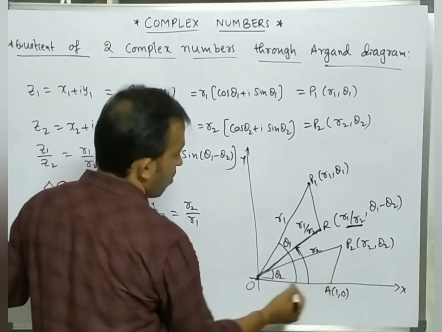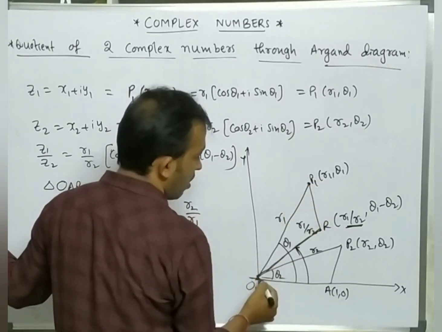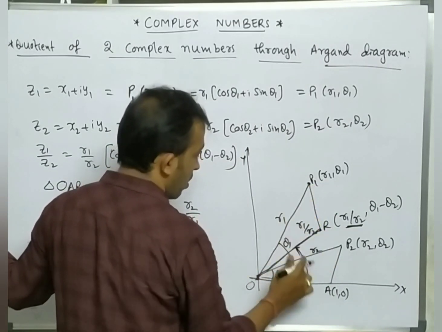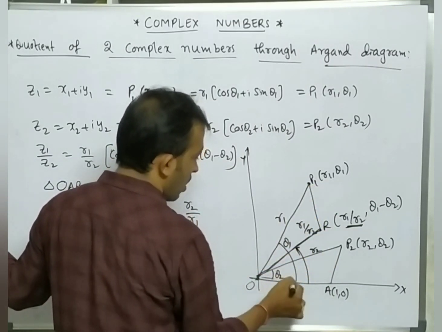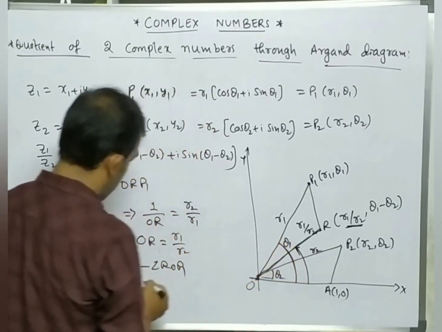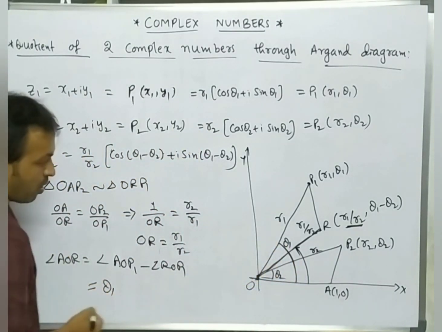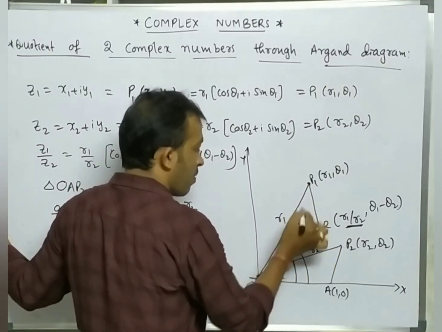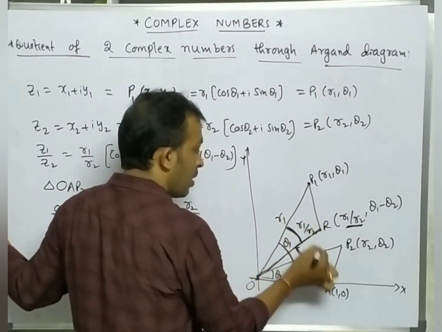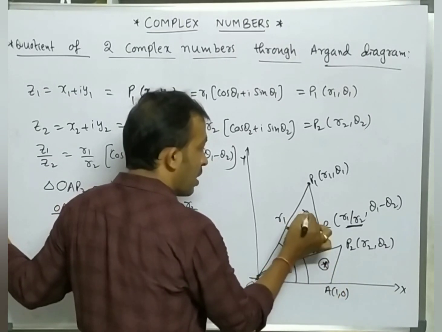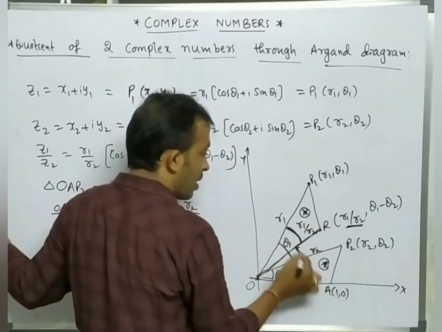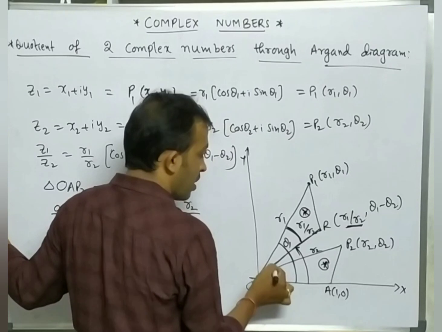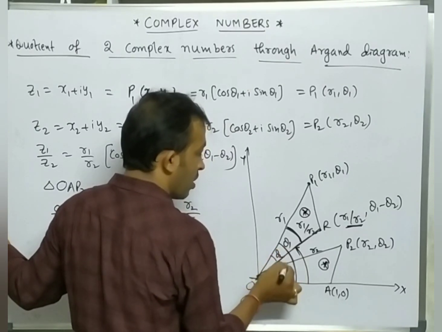As these two triangles are similar, corresponding angles are the same, so this angle is theta 2, then this angle is also theta 2.